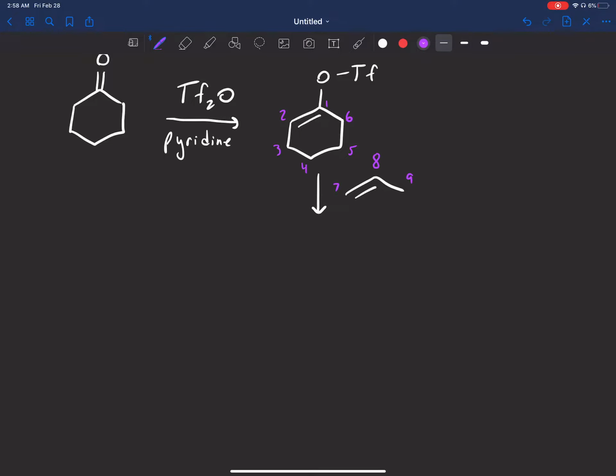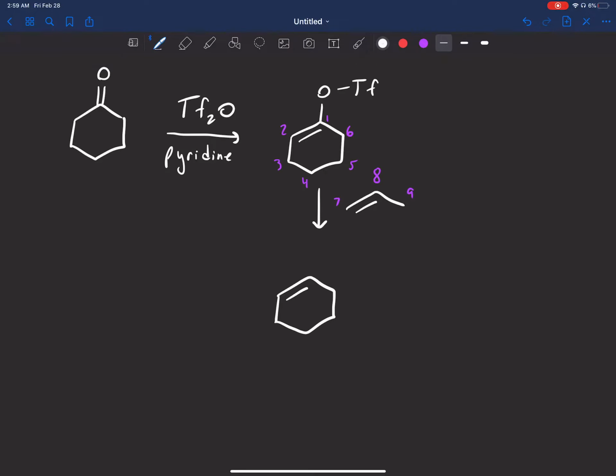Now we know that the way the Heck reaction works, we want to bind the carbon with the leaving group to the carbon of my double bond. So 1 is going to bind to 7, all right? Let's try to draw that out. The double bond is still there between 1 and 2.